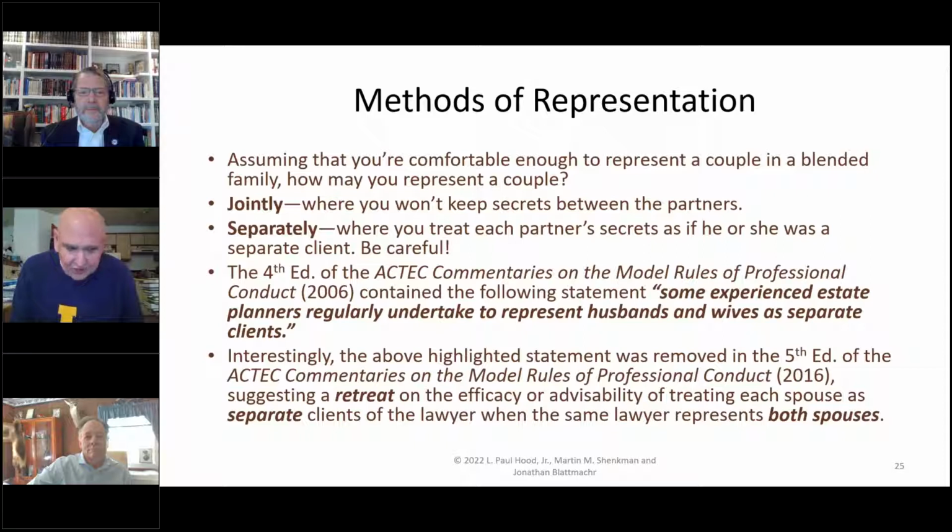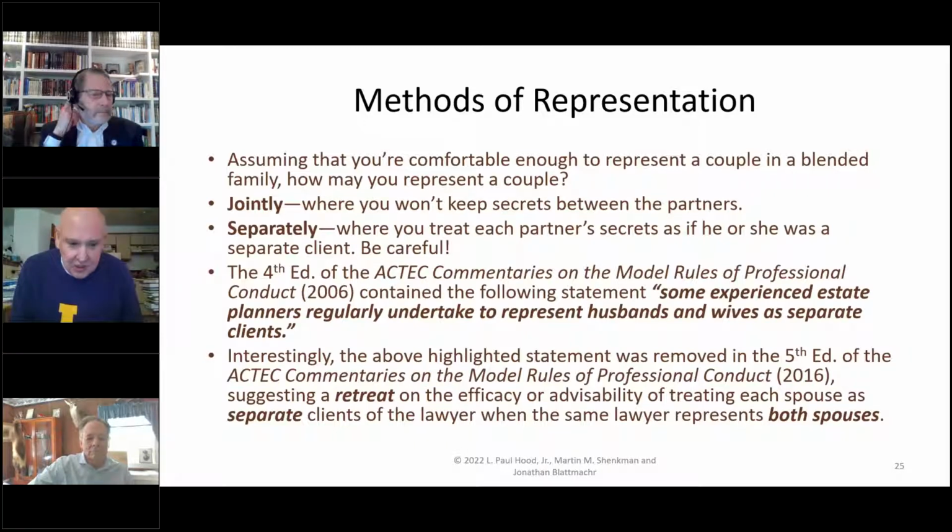I point out a difference between the 4th edition of the ACTEC commentaries on the model rules of professional conduct, which, if you're not familiar with them, you should be. They are absolutely unbelievably good, and now they have a whole separate annotations of cases and ethics rulings.